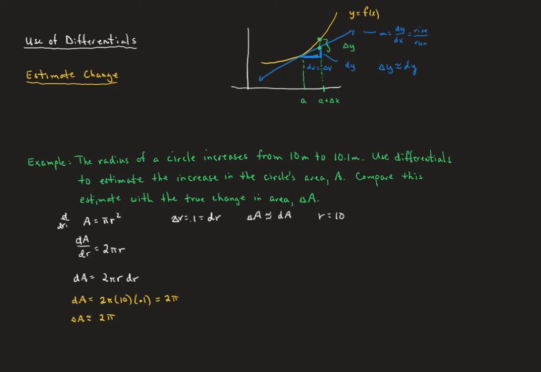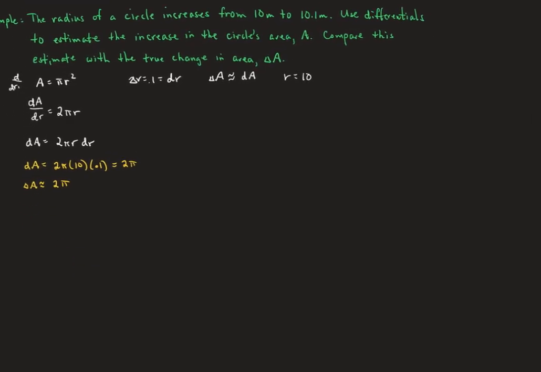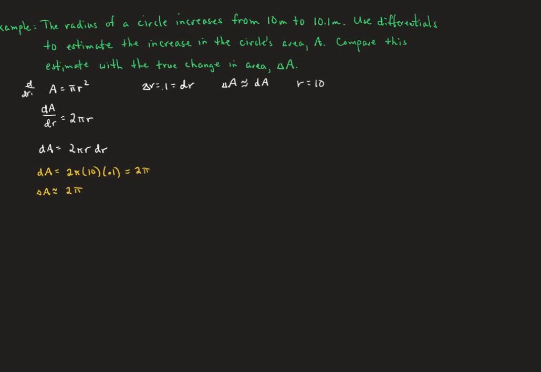So I'm going to slide the screen up here a little bit, and we're going to talk about some new symbolism and vocabulary that we're going to need going down the road. So we will sometimes refer to the dr or the delta r as the measurement error.